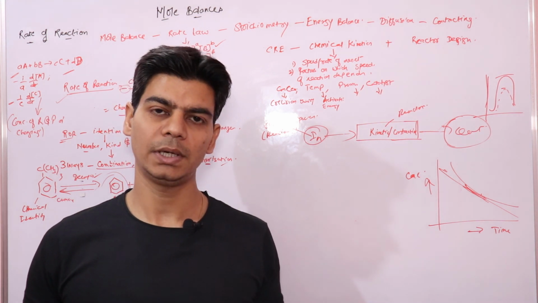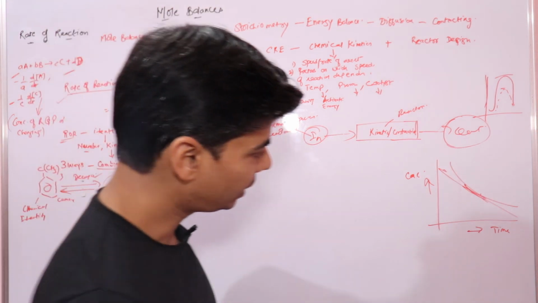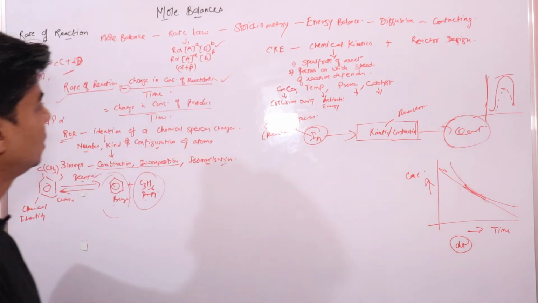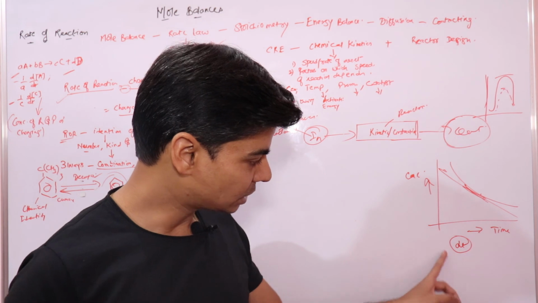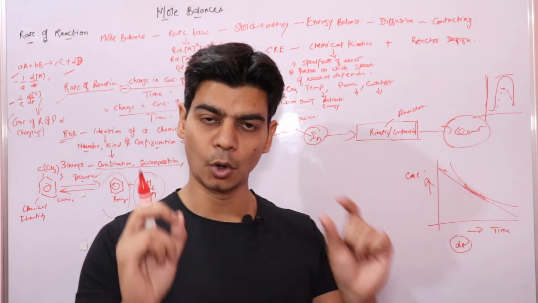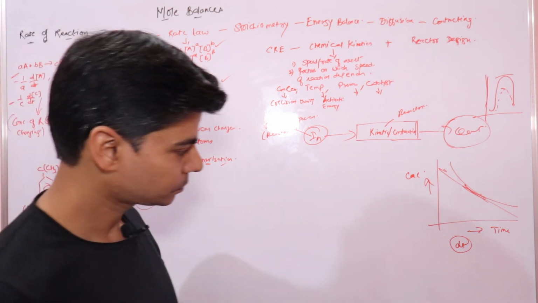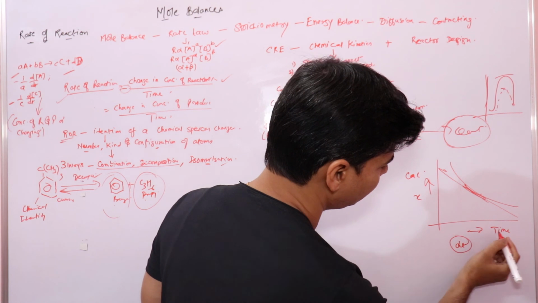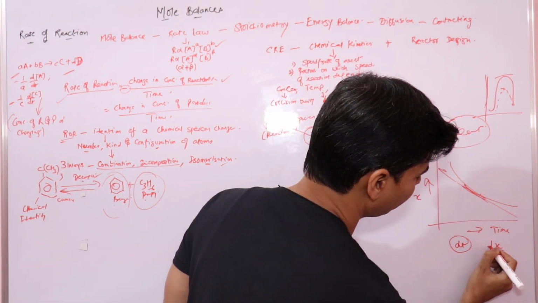If you want to calculate the rate of reaction at one instant, we need to find a small time dt during which the rate of reaction does not change, remains constant. So the rate of reaction calculated at a small time dt is your instantaneous rate of reaction, which, if x is the concentration of reactant and t is time, would be dx upon dt.